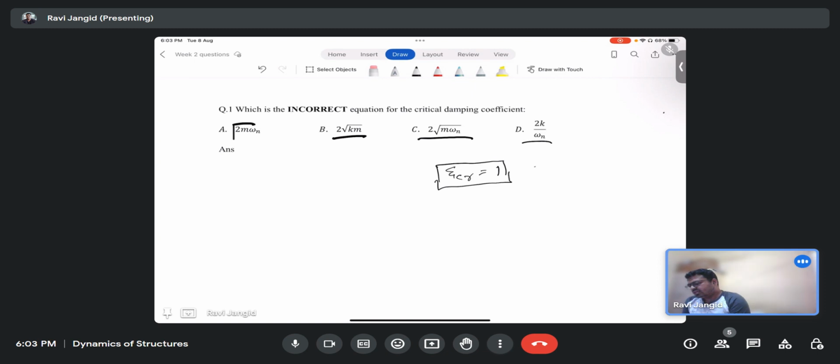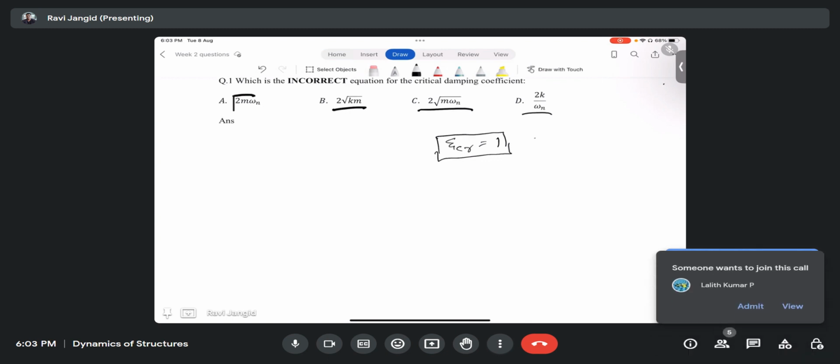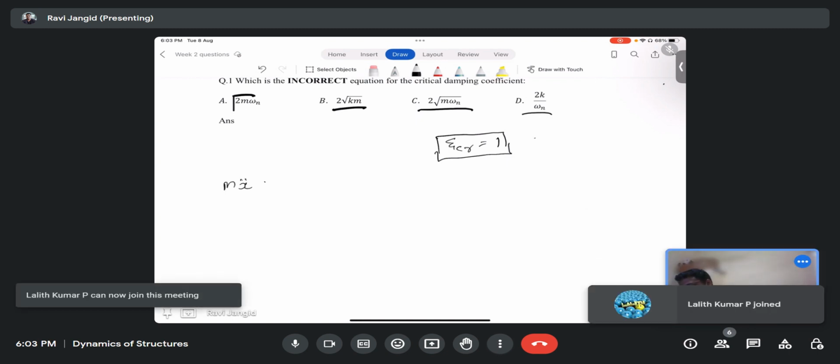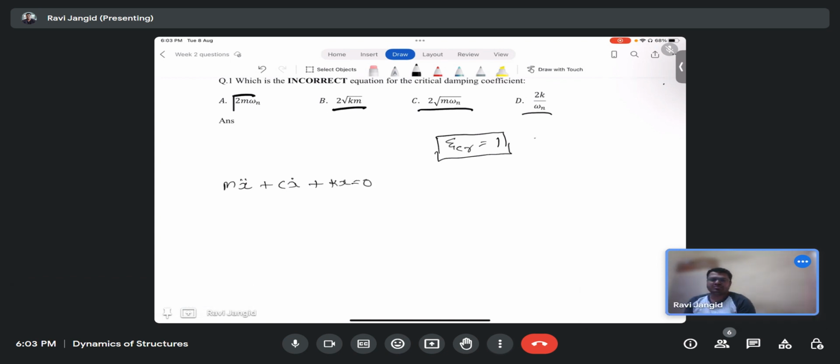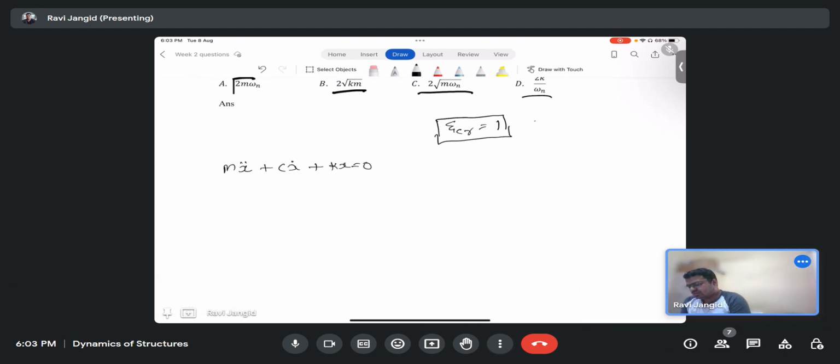As we know, for the damped system free vibration, the equation would be m x double dot plus c x dot plus k x is equal to 0. To solve this, let us suppose a solution x is a e raised to power lambda t.